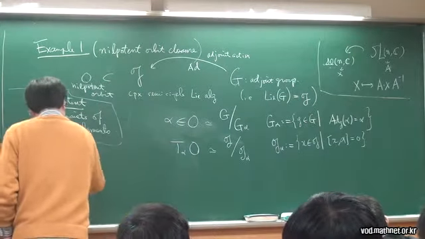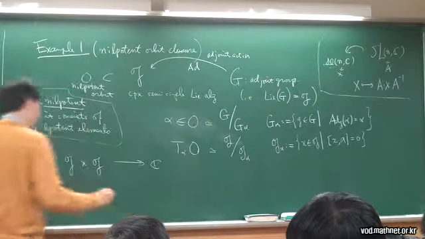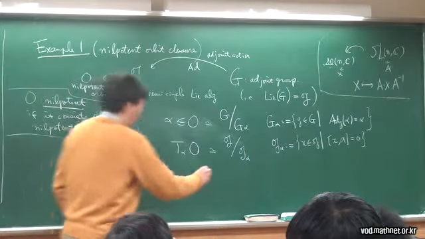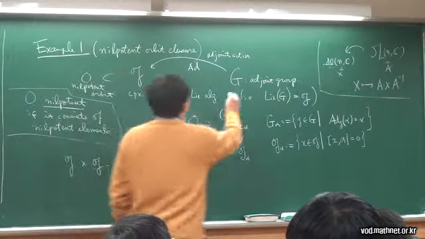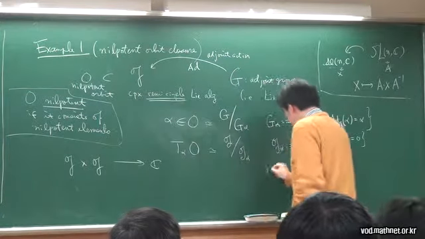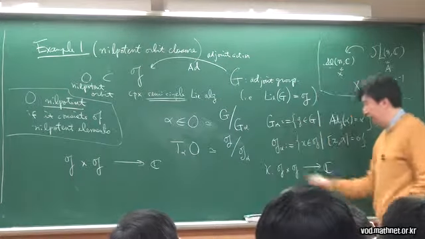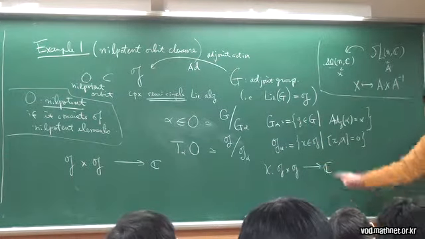Let us consider the following bilinear map. Since k is semisimple, you have a Killing form, a non-degenerate symmetric bilinear form.